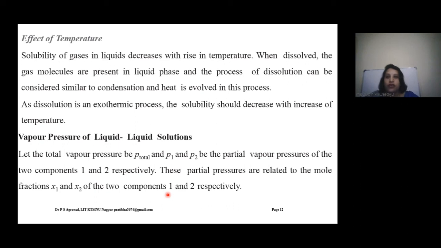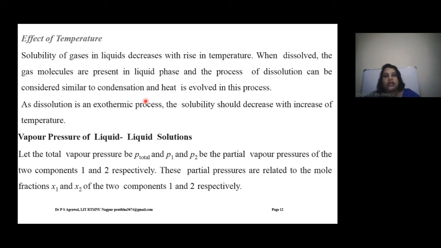Now the effect of temperature. Solubility of gas in liquid decreases with rise in temperature. When dissolved, the gas molecules are present in the liquid phase, and the process of dissolution can be considered similar to condensation, and heat is evolved. The dissolution process involves dynamic equilibrium, thus it must follow Le Chatelier's principle.